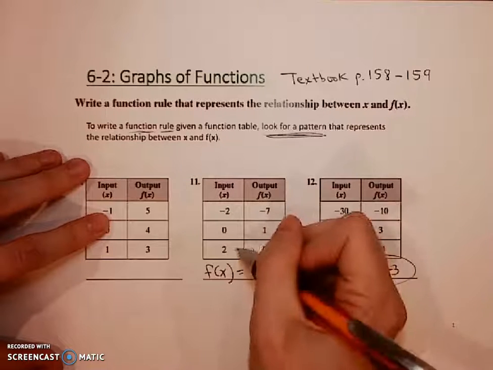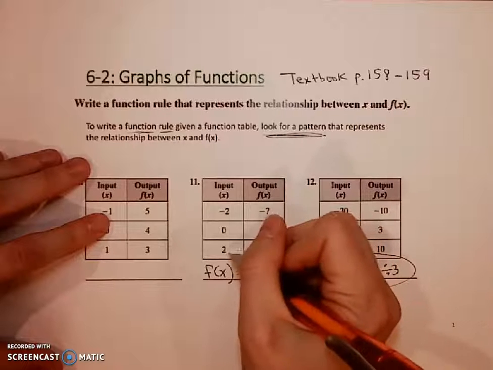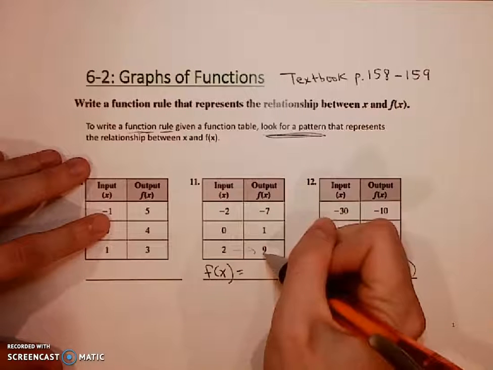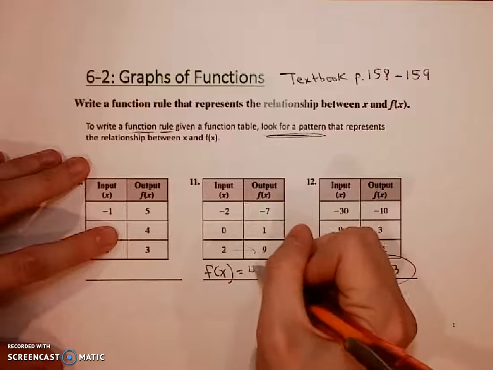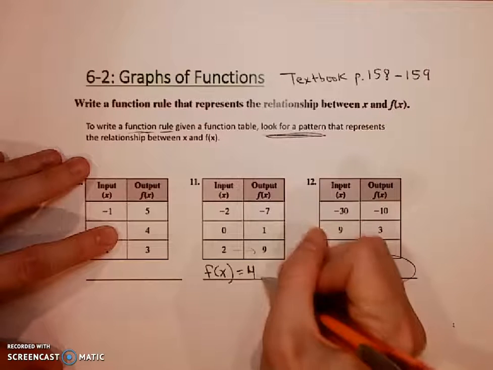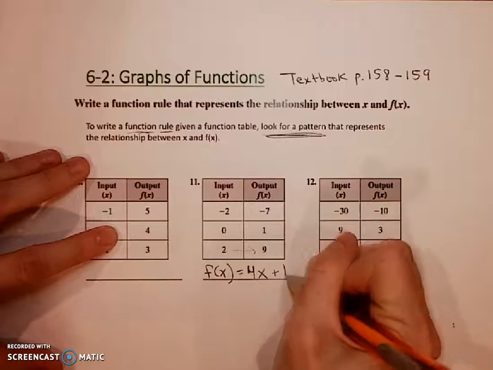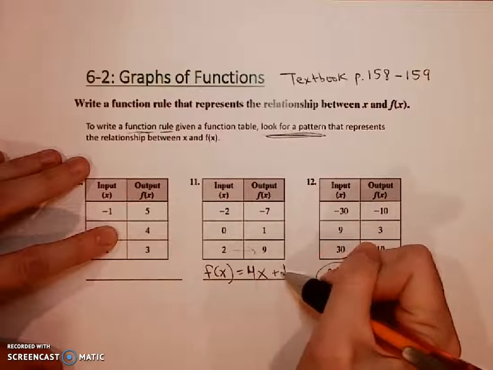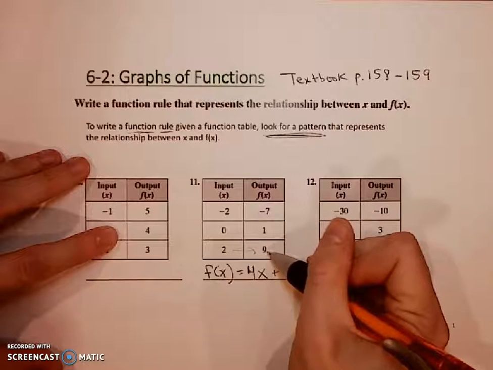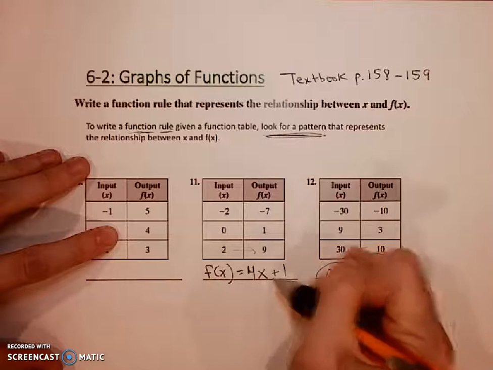What if I decided to do 2 times 4 and then add 1? That would give me 9. So I'm going to try this function: 4 times x plus 1. When I input 2 for x, 4 times 2 is 8, plus 1 equals 9, my output.